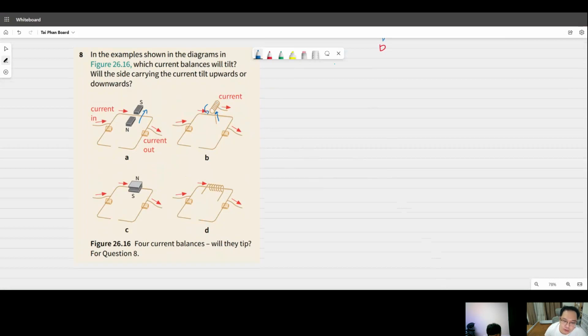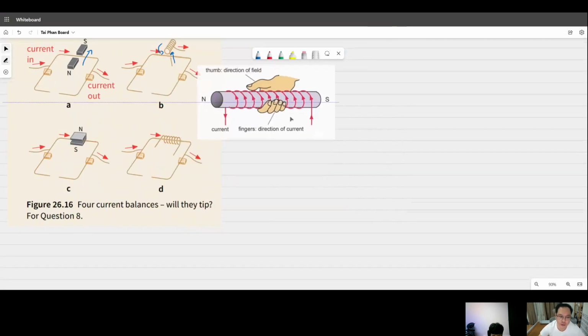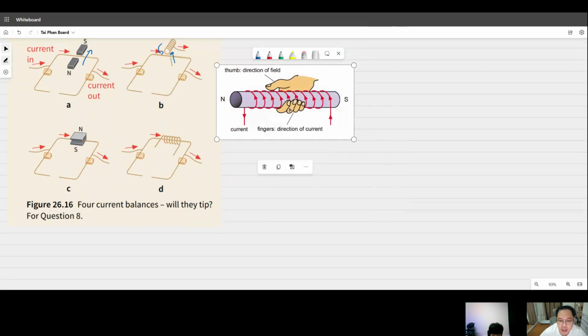For a solenoid coil like this, let me find a picture and put it there. The magnetic field created by a solenoid, like we studied last time, uses the right-hand rule. For the solenoid, you use the right hand, not the left hand.